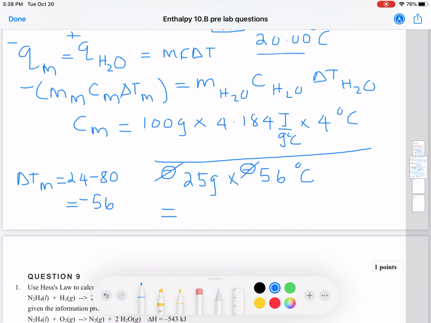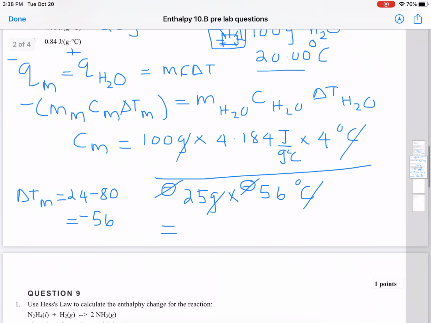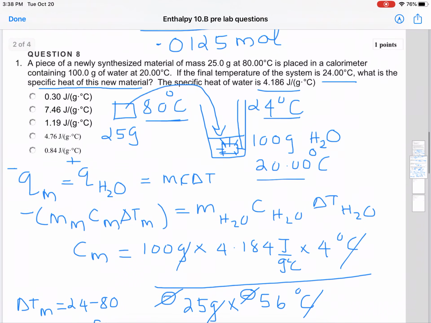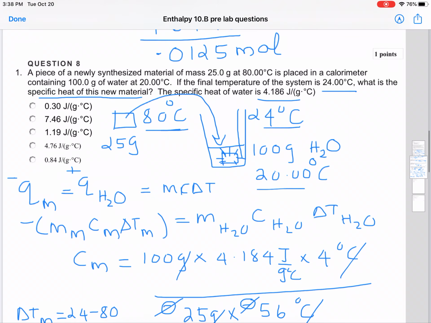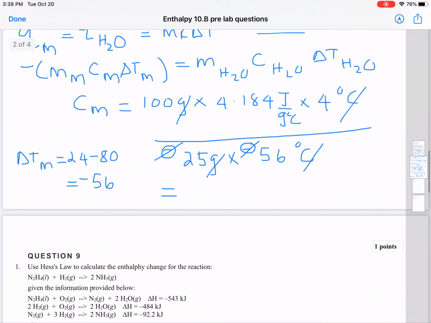When you calculate this, you can find out the specific heat for the metal. Do this calculation and find out what the specific heat would be. Grams cancel grams, Celsius, you will get the answer in joules per gram per Celsius. Keep it in, I believe, 3 significant figures. Choose the correct answer from the given choices.